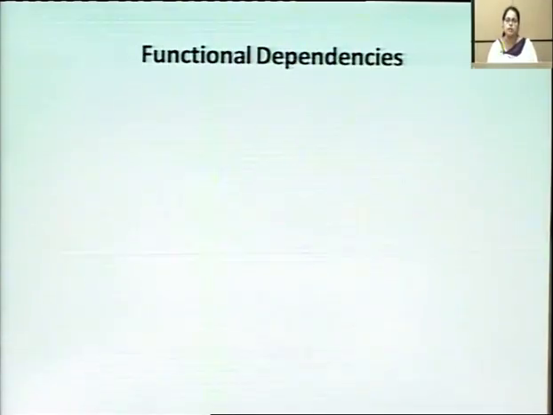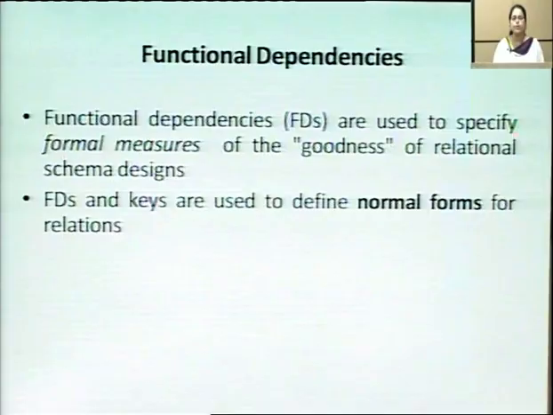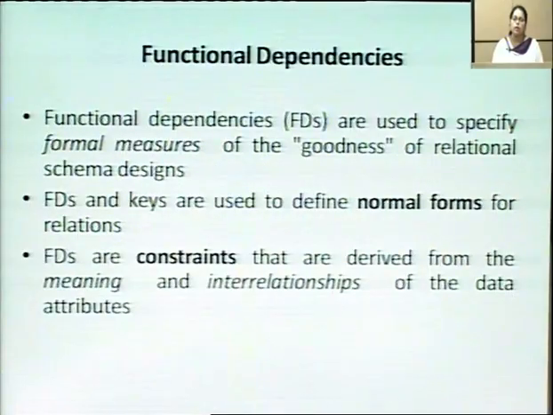Functional dependency. Functional dependencies are used to specify formal measures of the goodness of relational schema designs. Functional dependencies and keys are used to define normal forms for relations. They are constraints that are derived from the meaning and interrelationships of the data attributes.